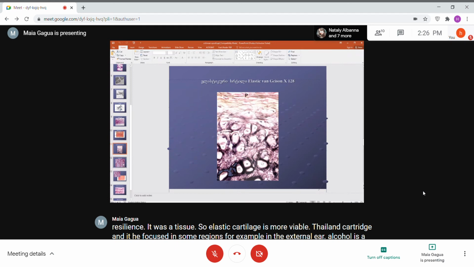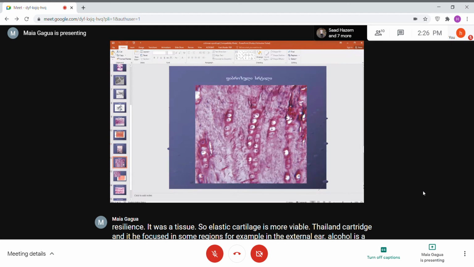And another type of cartilage is fibrocartilage. It occurs in intervertebral discs, and it prevents damage of adjacent vertebrae. It occurs also in the pubic symphysis. What is the characteristic feature of this cartilage type?